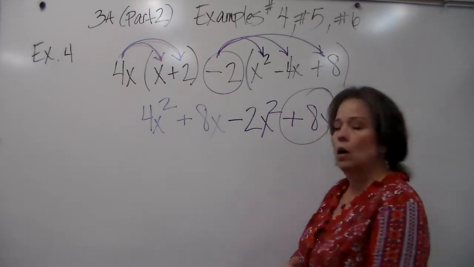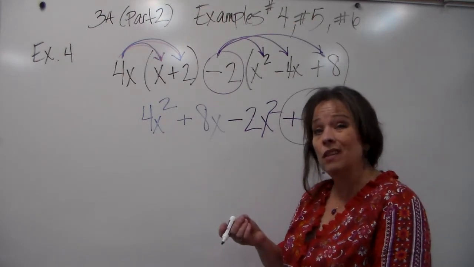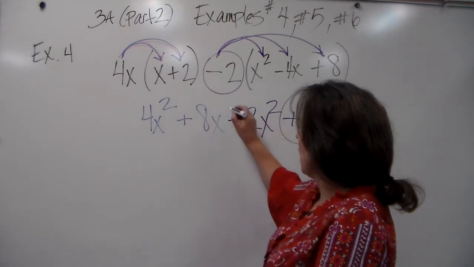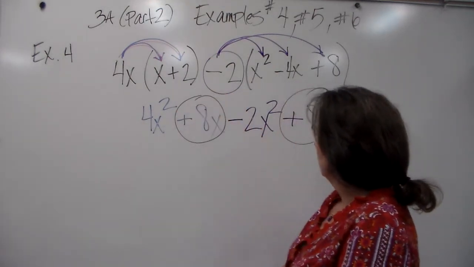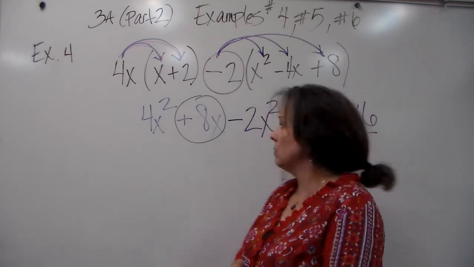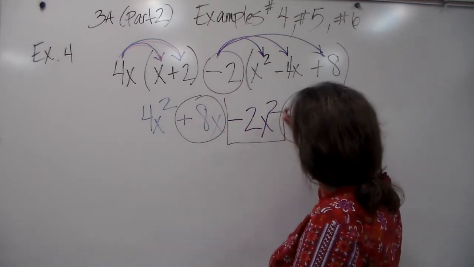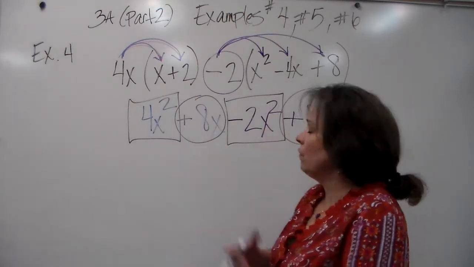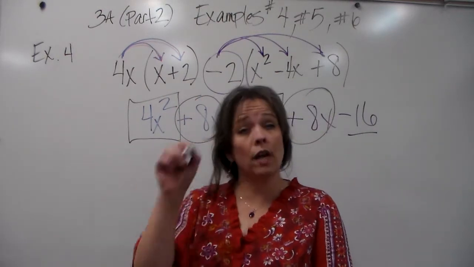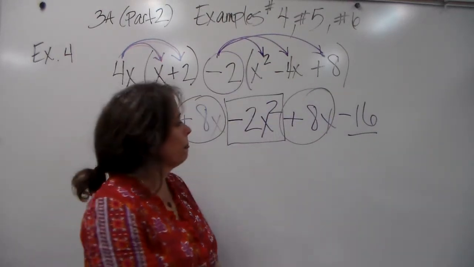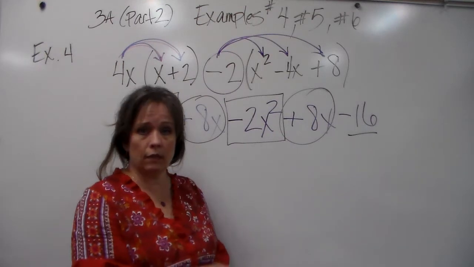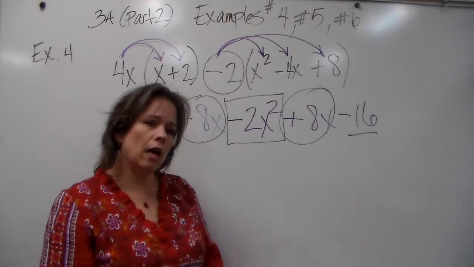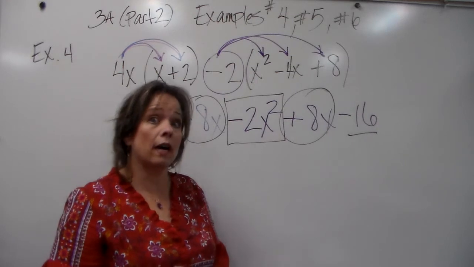Now remember, we want to include the sign to the left. We've got another x term here, okay? For our x squared terms, we can write a square around that for x squared. Okay, if we had an x cubed term, we could use a triangle, right?